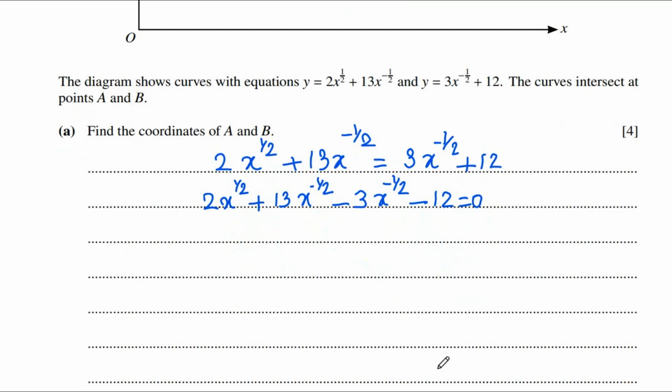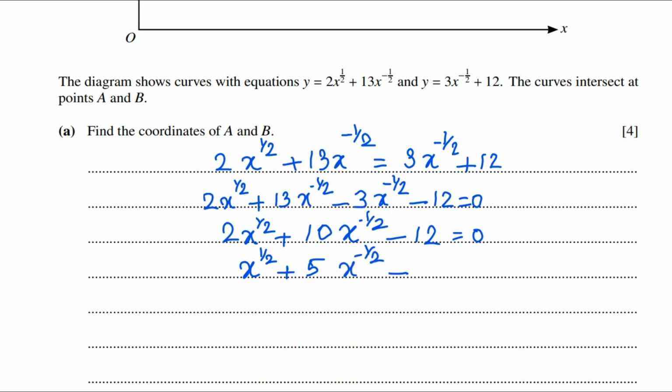Let's simplify this one. 2x power 1/2 plus 13 minus 3, which is 10, 10x power negative 1/2 minus 12 equal to 0. Divide all the terms by 2 on both sides. So we get x power 1/2 plus 5x power negative 1/2 minus 6 equal to 0.